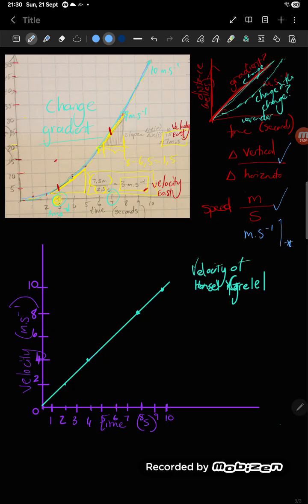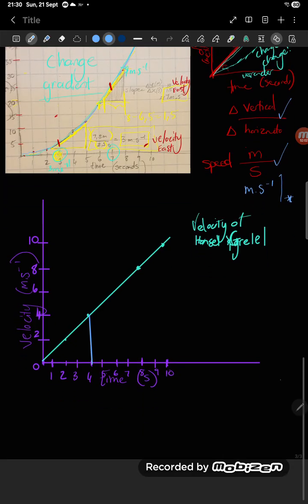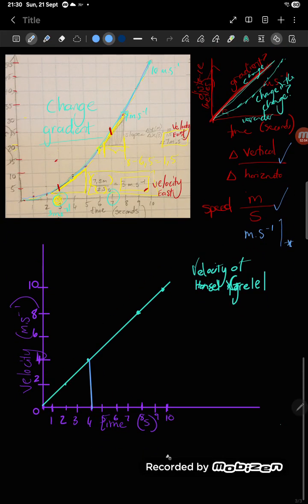So at this 4-second mark, how far did they travel? I'm going to take something a little bit different. Say, for instance, I was going at a constant speed. I'm going to say speed for a reason.